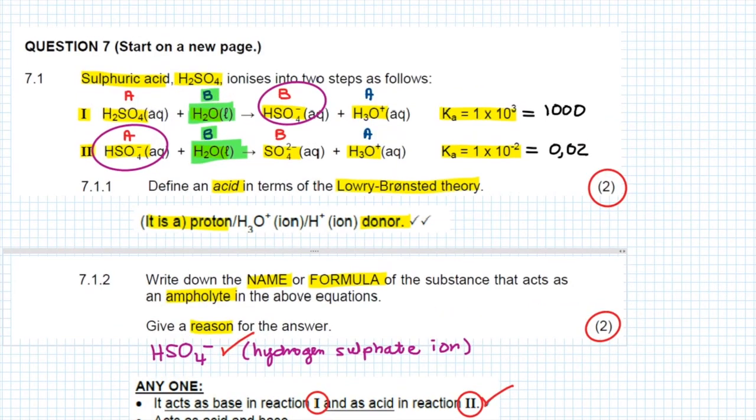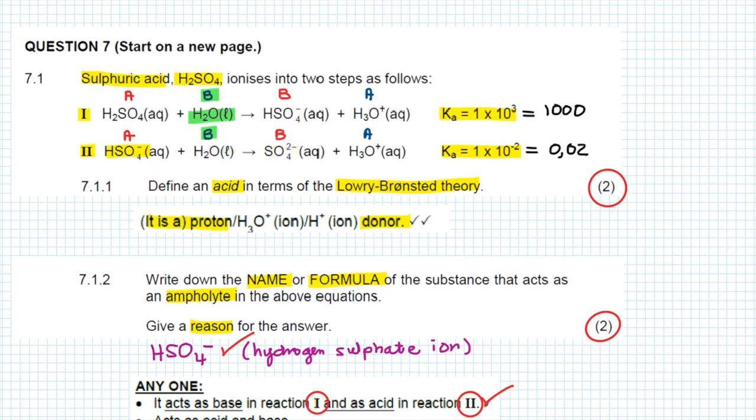So if we go all the way up to step number 1 and step number 2, you'll soon notice that step number 1 is a solution, or shows the sulfuric acid being dissolved in water. And they told us that the Ka value, the ionization constant for this reaction, is 1000. 1000 is a much bigger number than 1. It is a value far greater than 1.